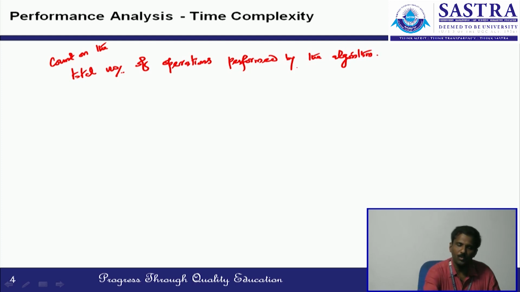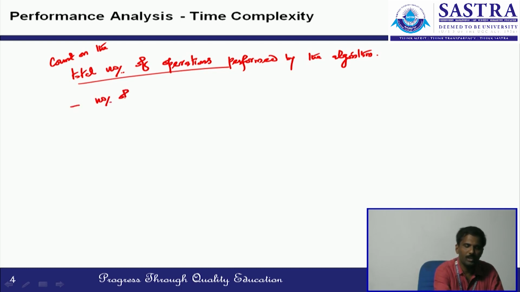To find the total number of operations performed by the algorithm, we need to count only the number of program steps.